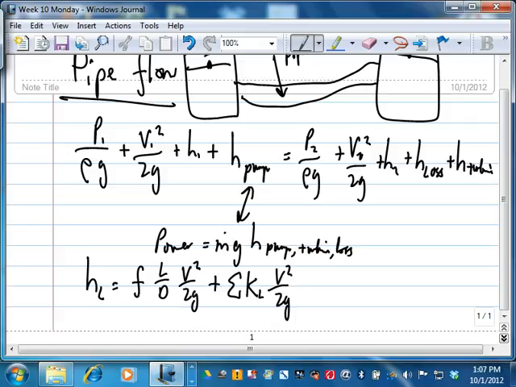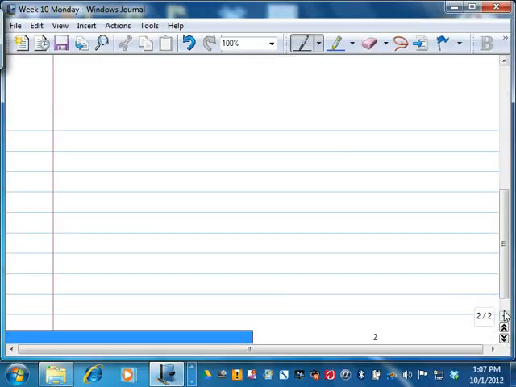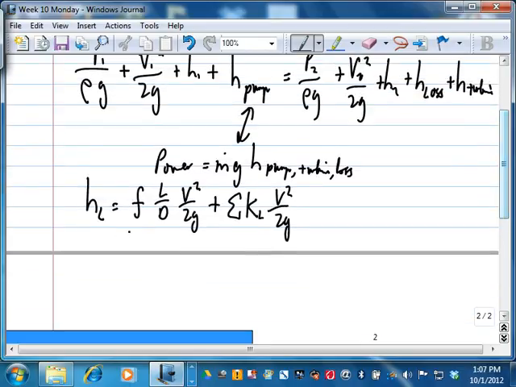And for F, if it's laminar flow, if the Reynolds number is less than 2300, then F is equal to 64 on RE.